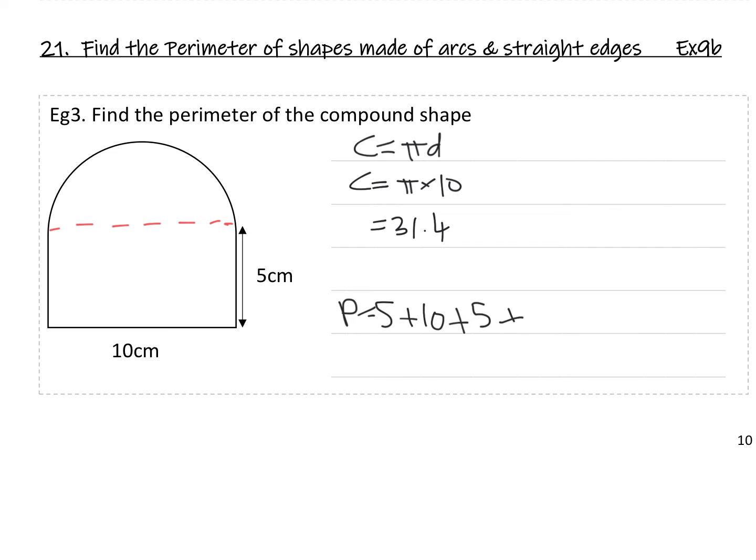So this distance here is going to be half that size. So I can put in 31.4 divided by 2. Or if you prefer, you can just work that bit out separately: 31.4 divided by 2 equals your 15.7, and put the 15.7 in here instead.